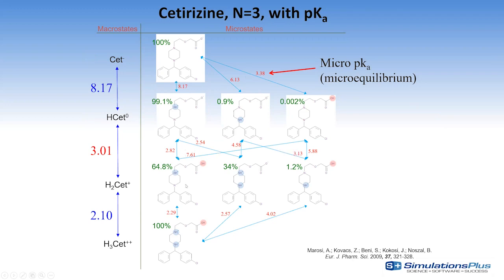There are 12 micro constants, and they determine the relative distribution of microstates, or the distribution of microstates per macrostate, let me put it that way. They have to add up to 100%. And finally, the observed apparent pKa's are macro constants. They correspond to transitions between macrostates.